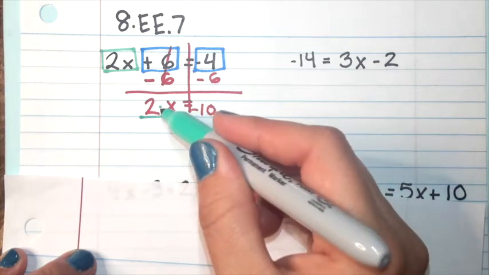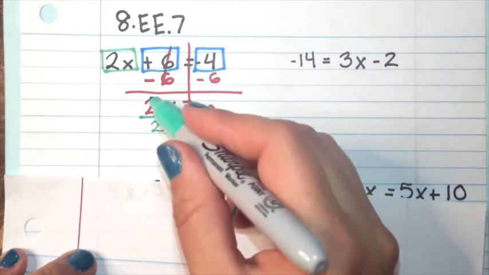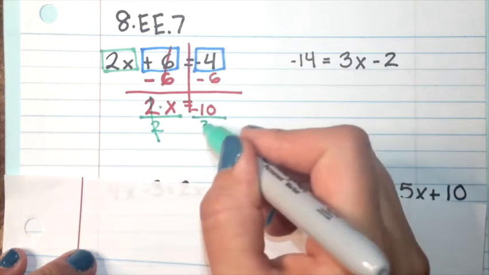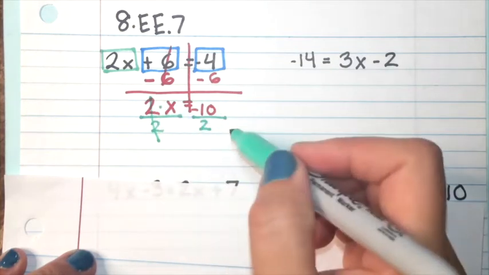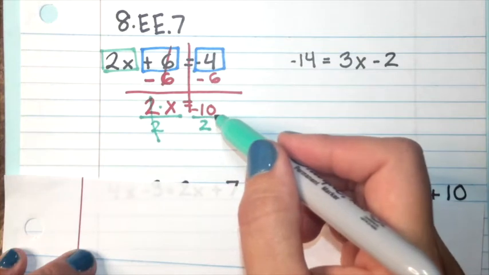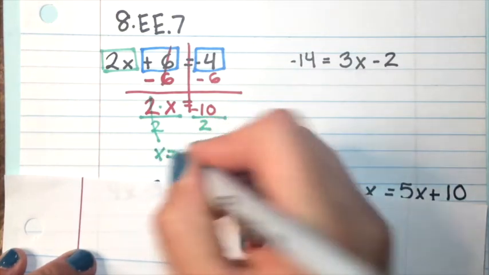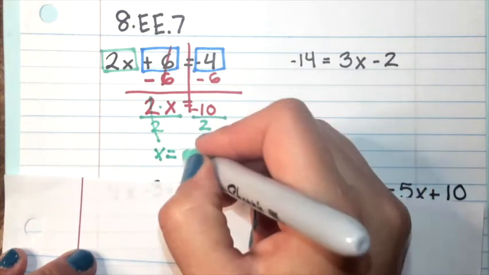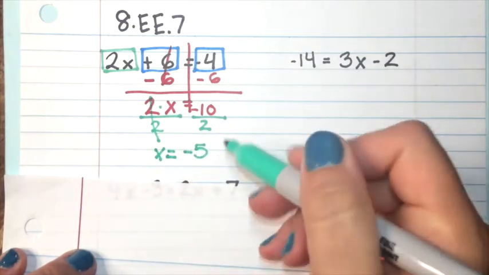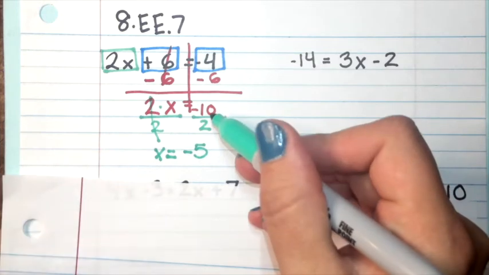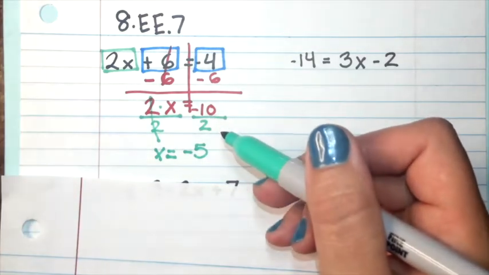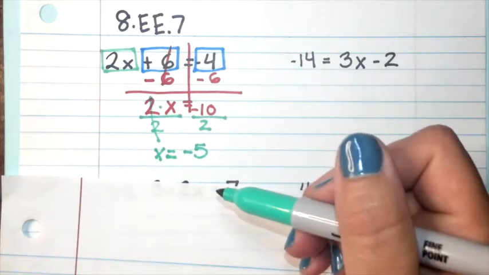So I'm going to do the opposite of multiplying, and I'm going to divide the 2 out on both sides. The 2 cancels out that 2, and then negative 10 divided by 2 is x is equal to negative 5, because negative 5 times 2 is a negative 10. A negative times a positive is a negative.